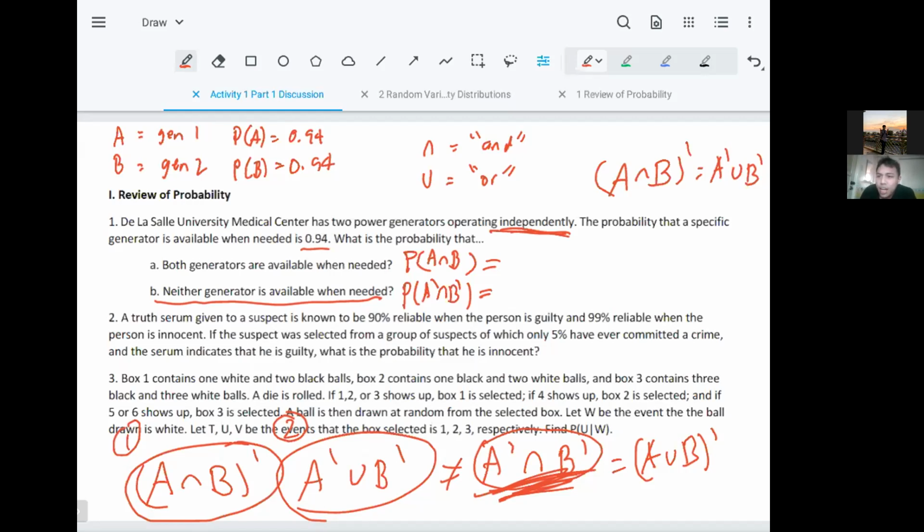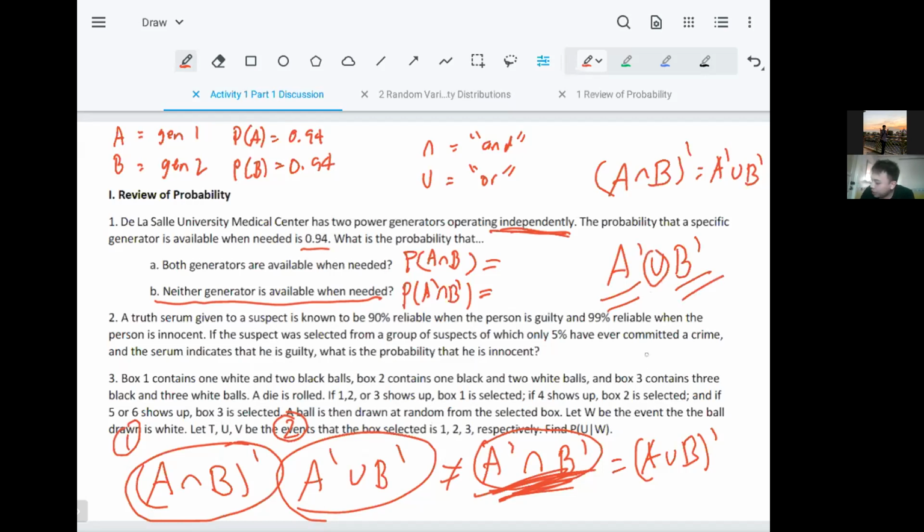Kuha na ba yun? Sige, isang question na na-receive ko dito is, what does this mean? Either A is not available or B is not available. So yun.